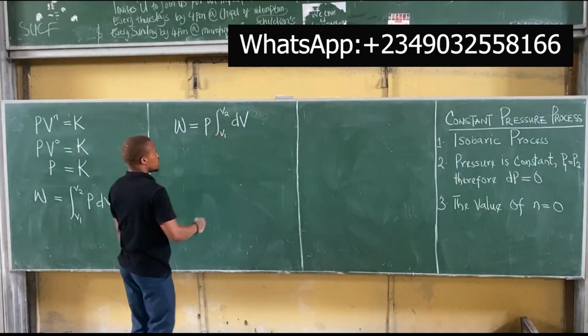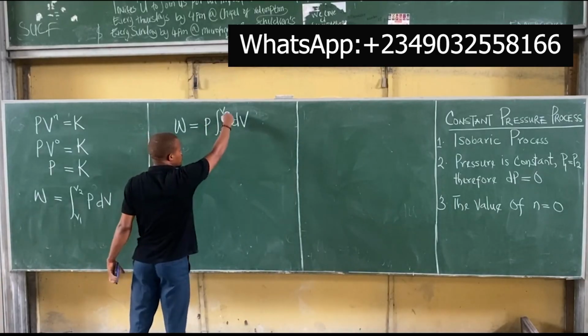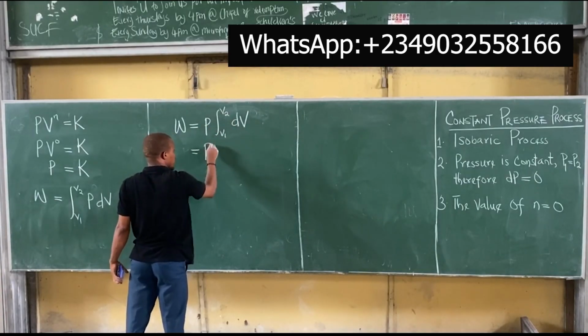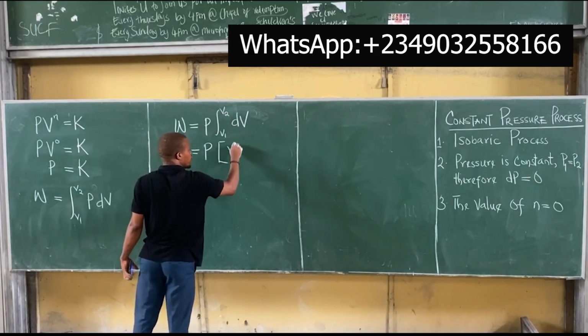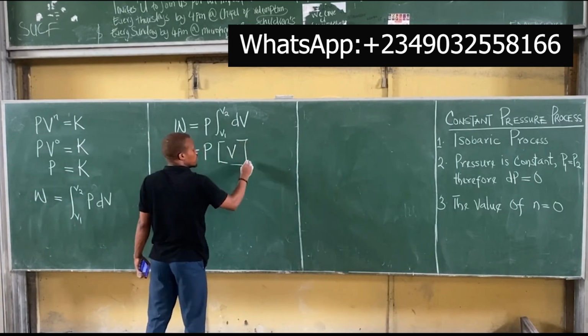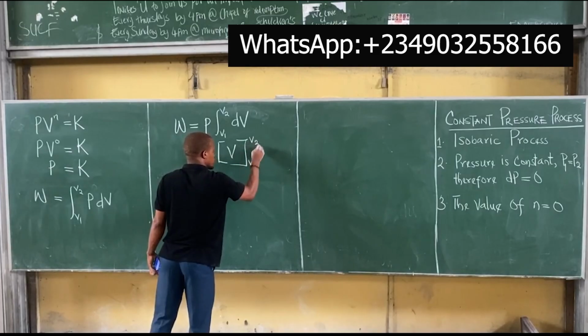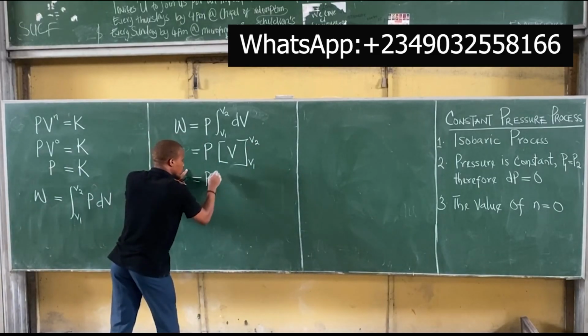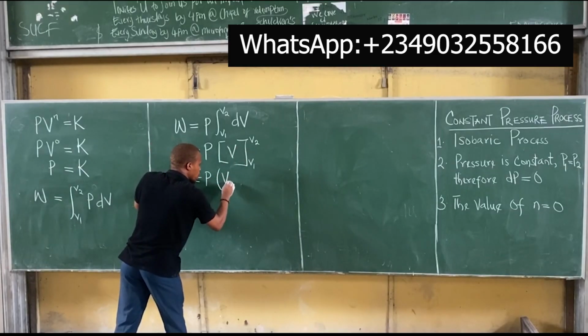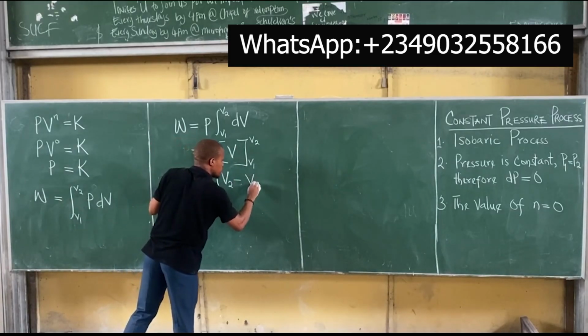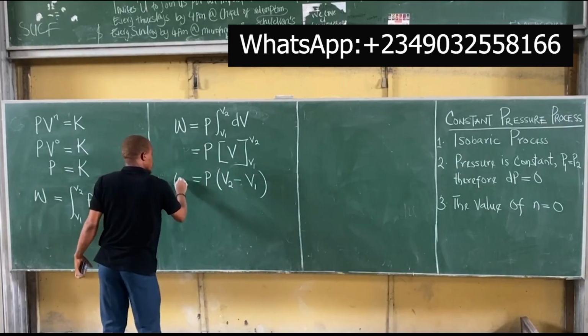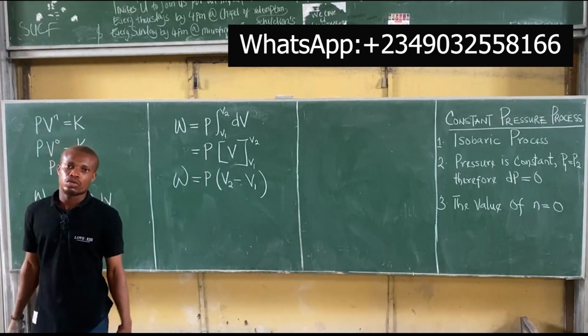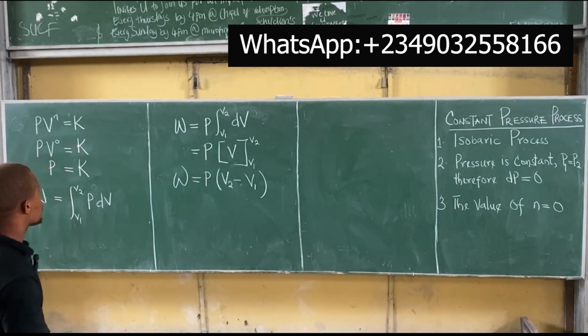Integrating 1, we have V from V1 to V2. So our work done becomes P bracket the upper limit V2 minus the lower limit V1. So this gives you the work done for an isobaric process or a constant pressure process.